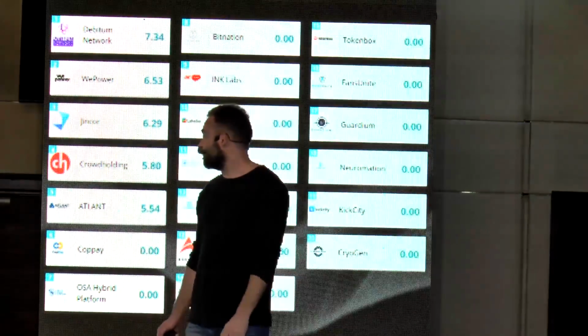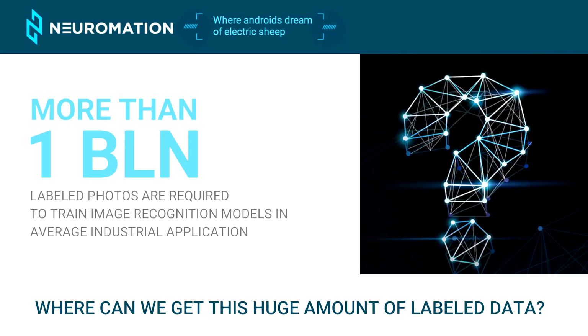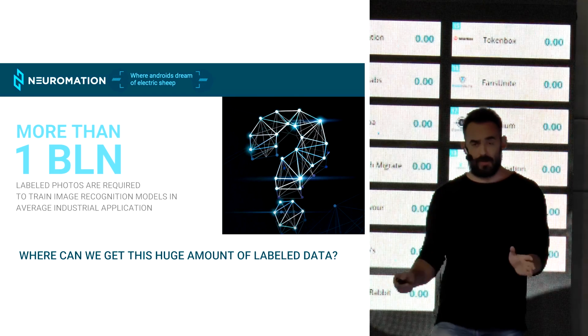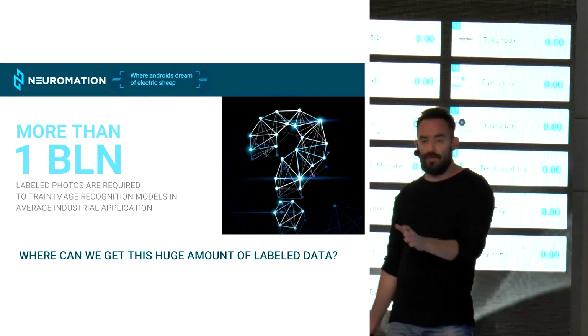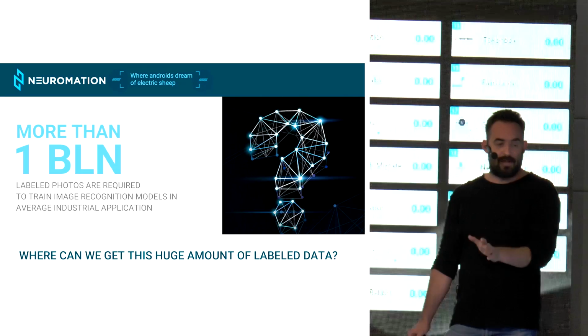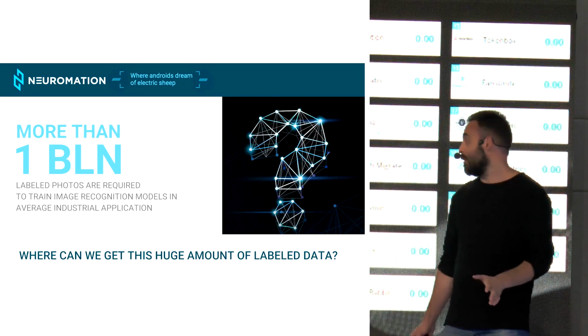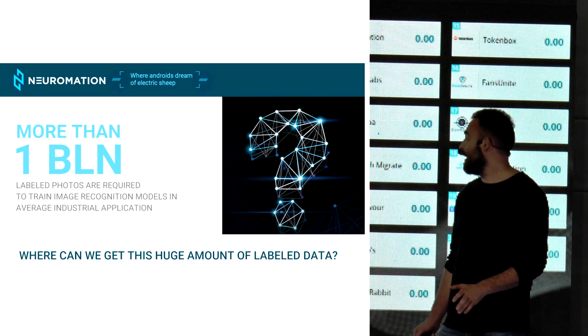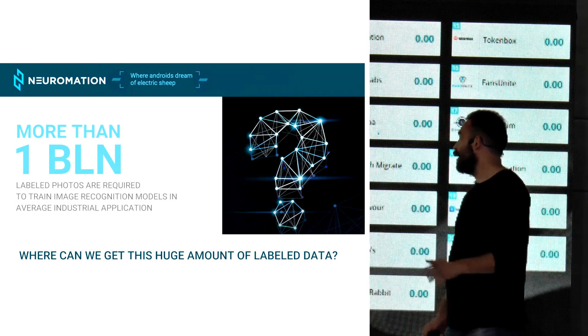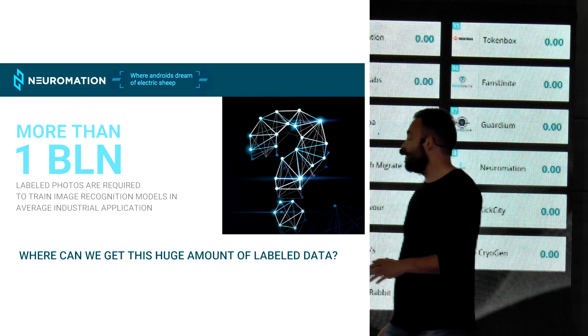And what's going to happen next is, in a typical industry, you probably need 1 billion photos overall. So 1 billion photos translates into a lot of computing capacity that needs to be applied to the industry in order for deep learning and these algorithms to be successful there. So what we are going to do is connect that capacity to the blockchain, to the miners.